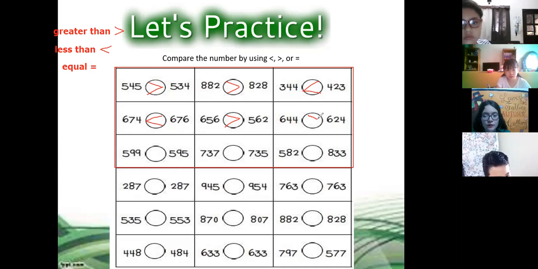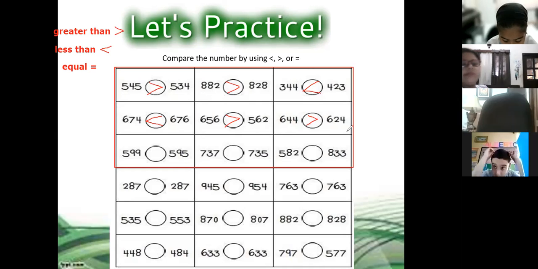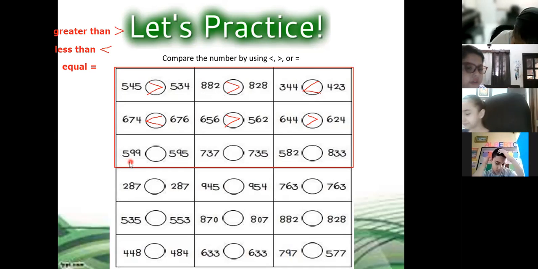That's right, 644 is greater than 624. Jan, try the next one. I think less. Okay, read the numbers, and then tell us if it is less. 599, 595. 599 is less than this? Good.